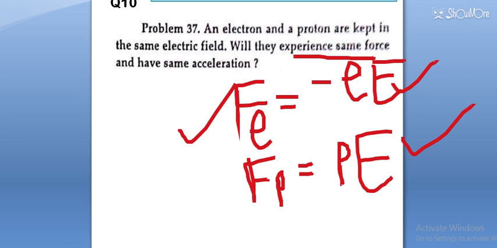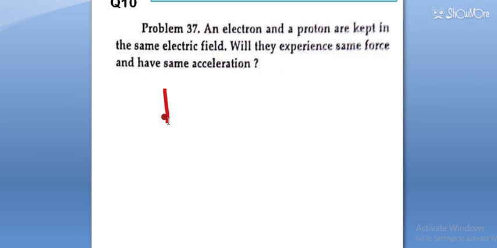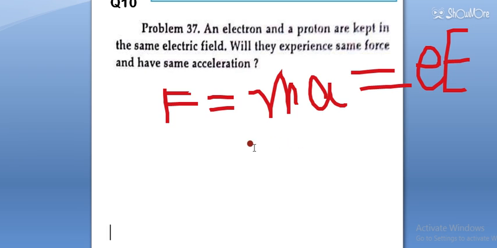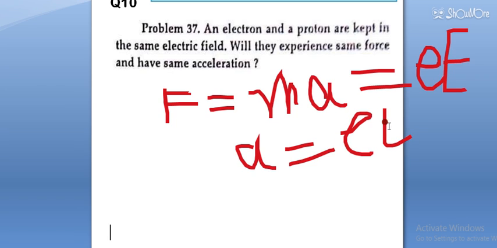Now see the acceleration part. Force is equal to mass into acceleration. So in the case of the electron, this is equal to small e into capital E. Acceleration is equal to eE by m.